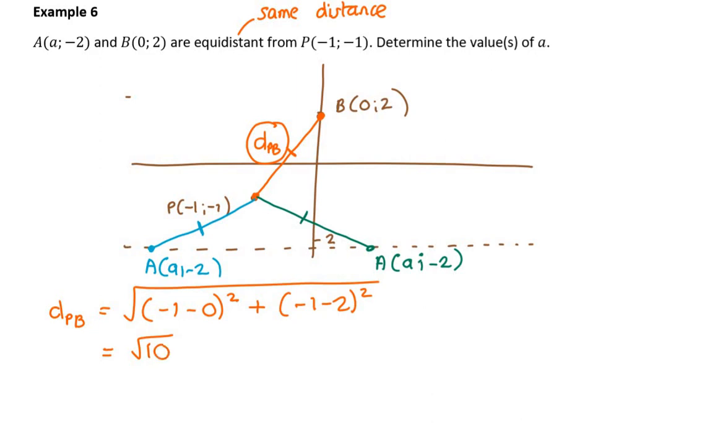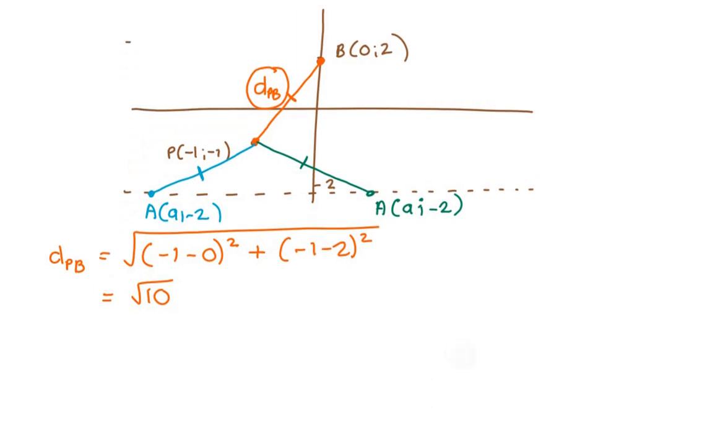Now notice I don't write that in decimal form because I'm going to be working with that because I now need to work backwards to A. So I am going to leave that in surd form. I don't want it in decimal form because I'm going to work with that in a moment. So I don't want to round it off. So what is this saying? It is saying that this distance is root 10 and this distance is root 10.